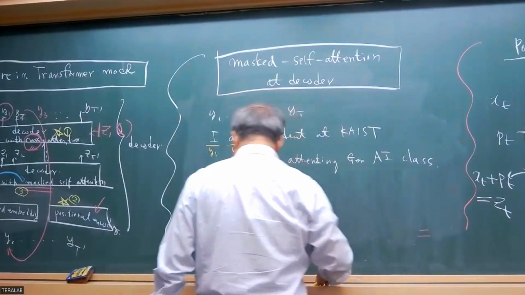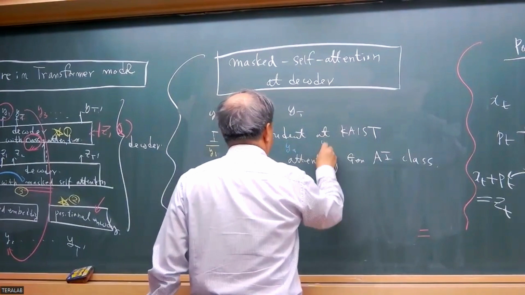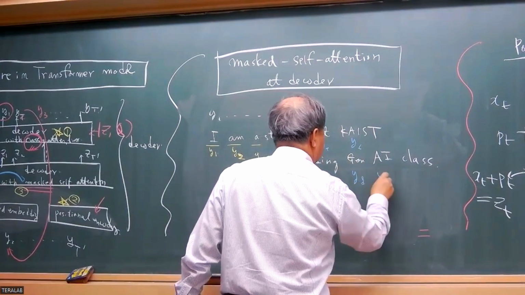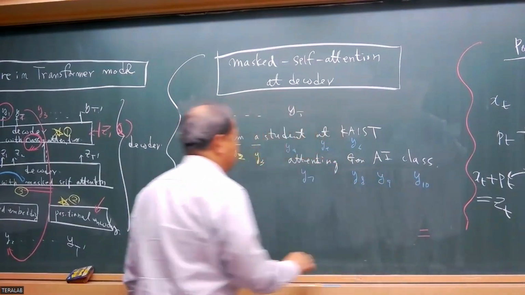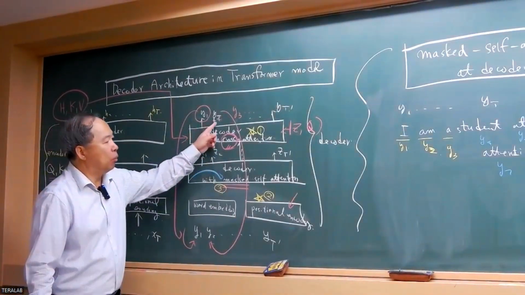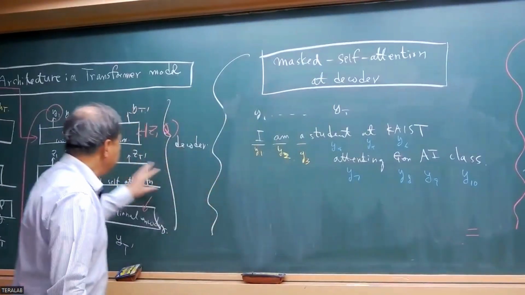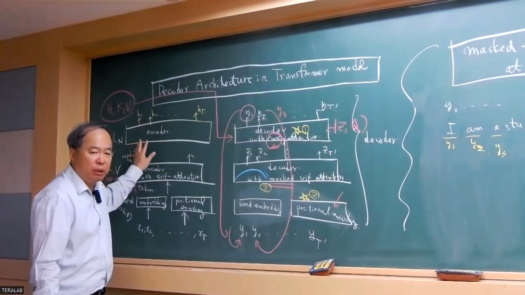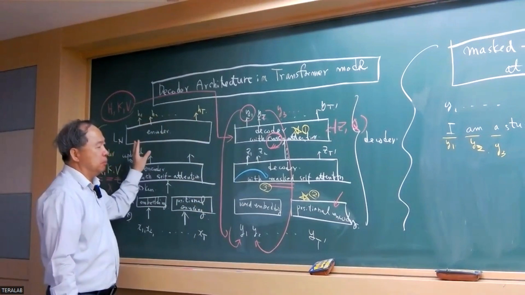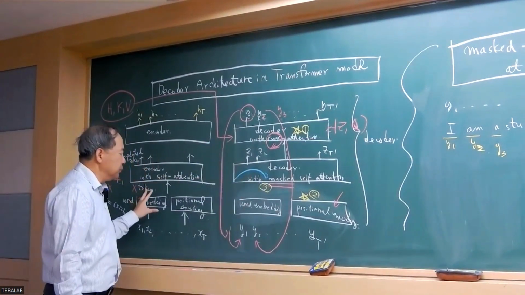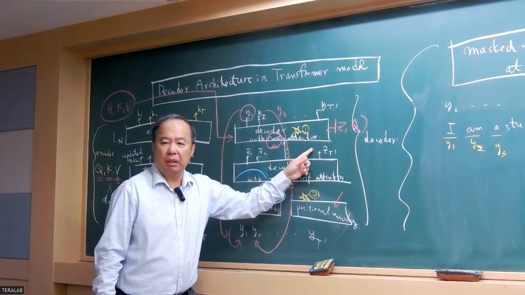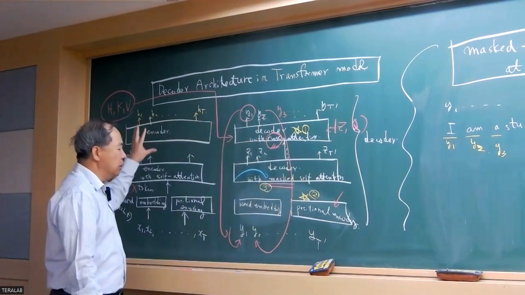And this may continue to y4, y5, up to y10. At each decoding step, it generates the word which has the best relationship with the encoded output H1 to HT. That relationship between the encoded words and the input wording is controlled by cross-attention. That is the connection between decoder and encoder.